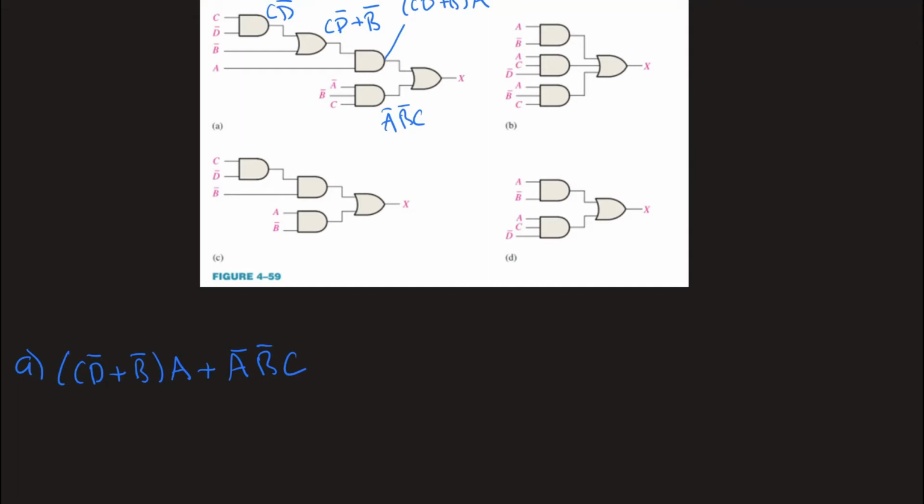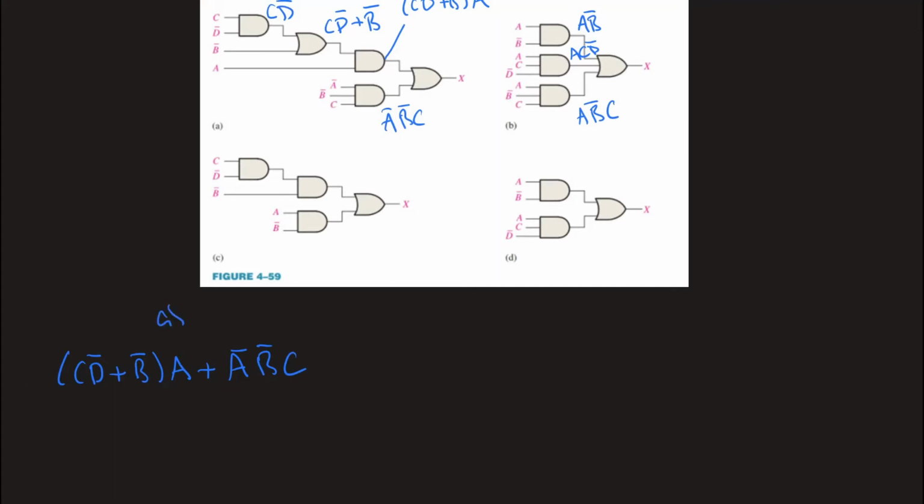This one here, let's do it in one order. We have A B naught, we have A C D naught, and we have A B naught C. So for B, let me write this above it.